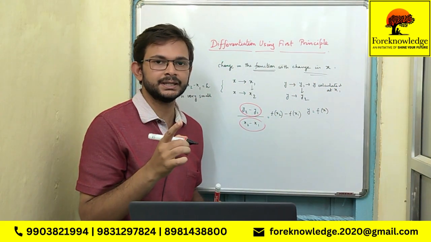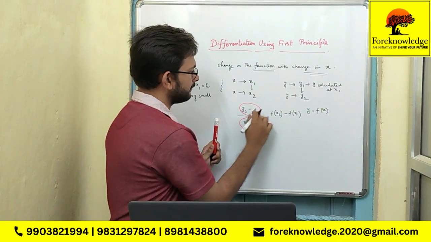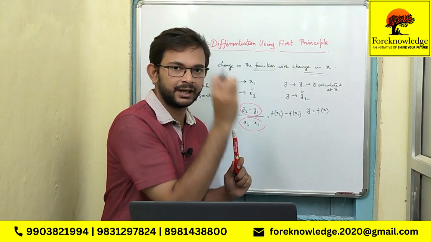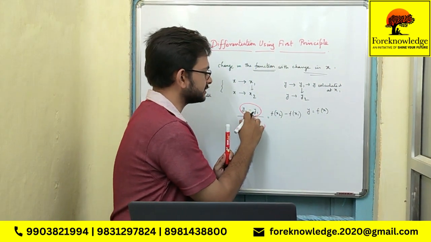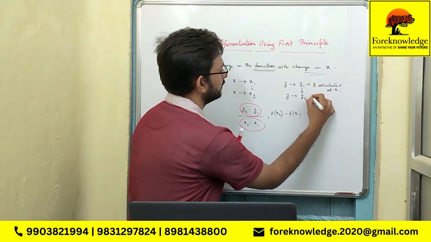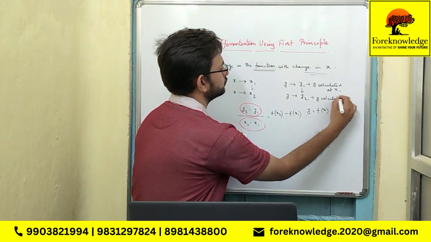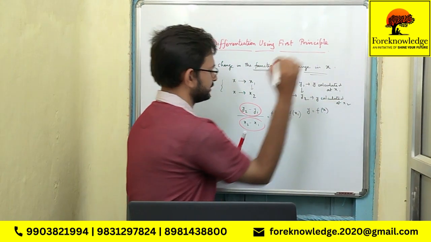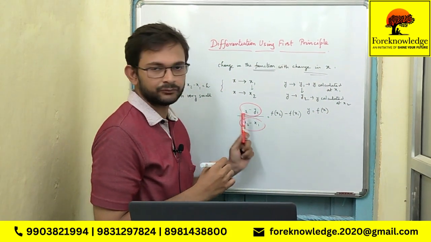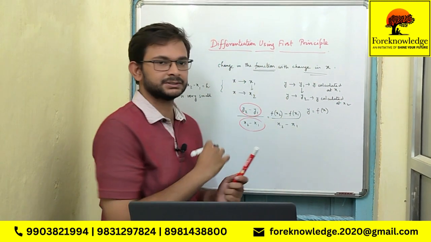So y1 means f of x1, that is when the value of x is x1, then the functional value is y1, and when the value of x is x2, then the functional value is y2, y calculated at x2. So f of x2 minus f of x1 is nothing but y2 minus y1 divided by x2 minus x1.